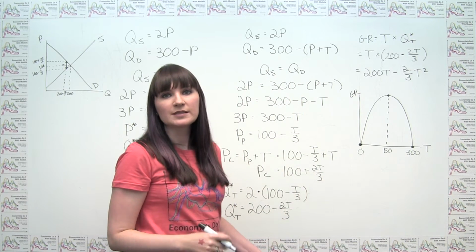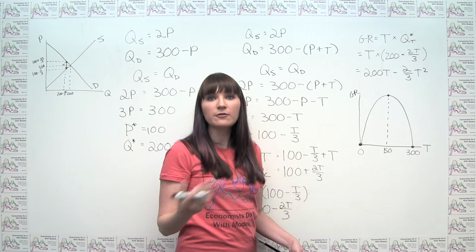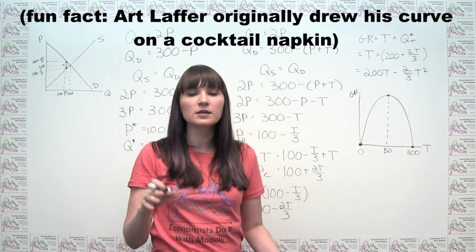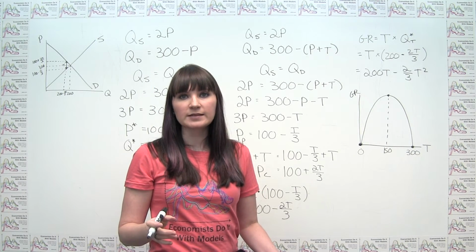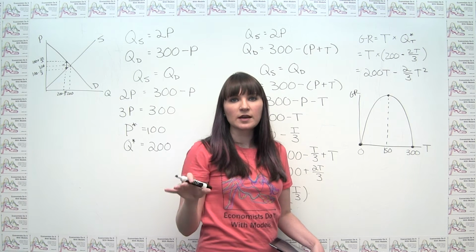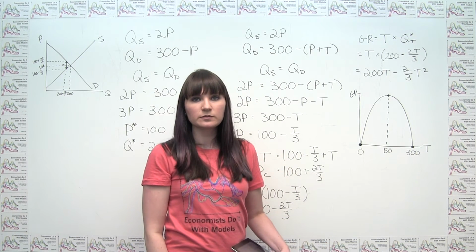And what we've actually done is we've derived what's known as a Laffer curve, which just shows the relationship between tax rate and the revenue collected from that tax. So let's pause for a second. I'm just going to put in a to-scale diagram for you here so you can look at it for a couple seconds.